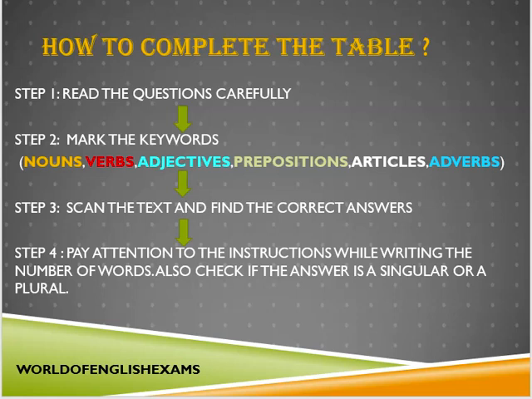And if you check out my other videos on the IELTS reading module, such as the IELTS note completion, I have clearly stated the way in which you need to identify and mark the keyword. I have linked that in the description box, so do check it out. The main keywords that you need to be marking are nouns, which are naming words, then verbs, which are action words, adjectives, prepositions, articles and adverbs.